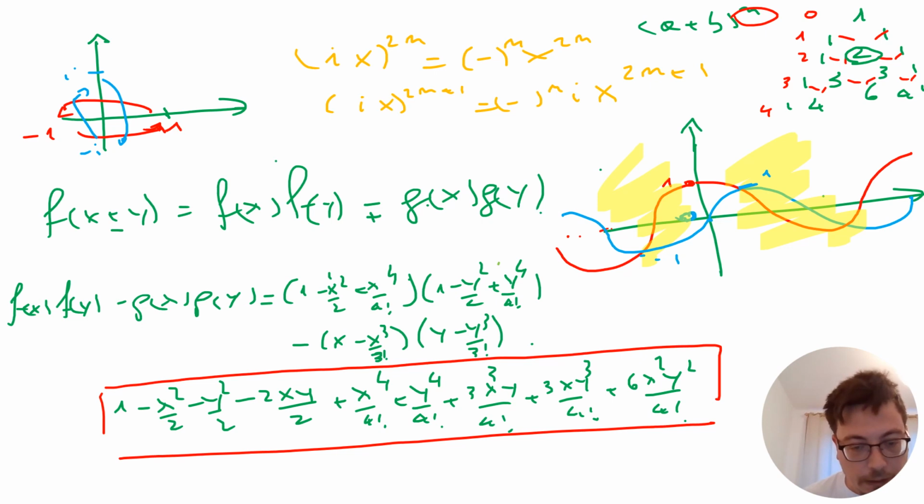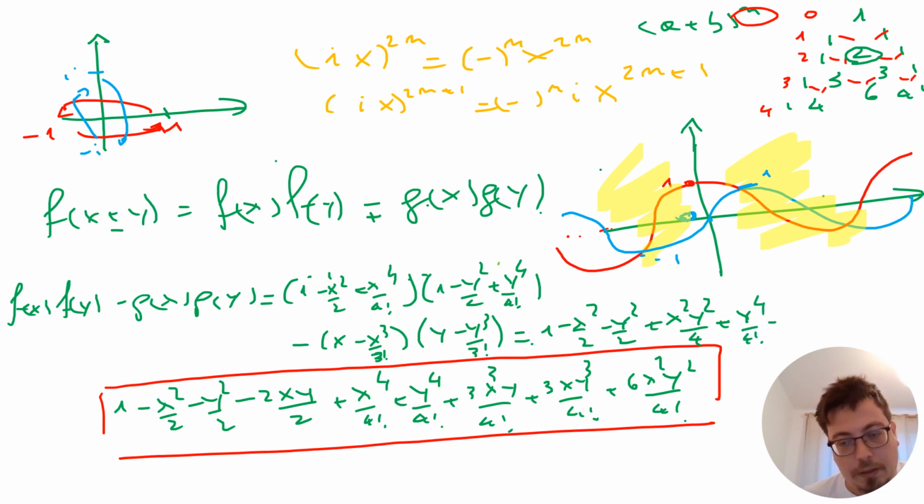Okay, let's see if we can do that. And this is equal to 1, I guess, from this times this, and then we get minus x squared over 2 minus y squared over 2, and then we have the double product, which is x squared y squared divided by 4, and then we get plus y to the 4 divided by 4 factorial, x to the 4 divided by 4 factorial, that's fine, and then we get many terms with higher exponents, we don't care, and then we get this minus xy term here, and then we get plus x cubed y divided by 3 factorial and plus xy cubed divided by 3 factorial.